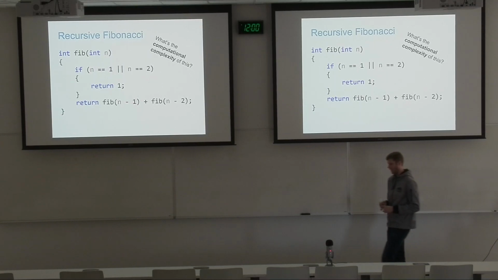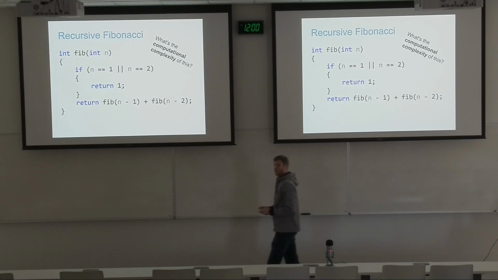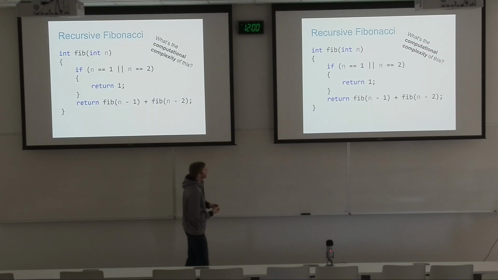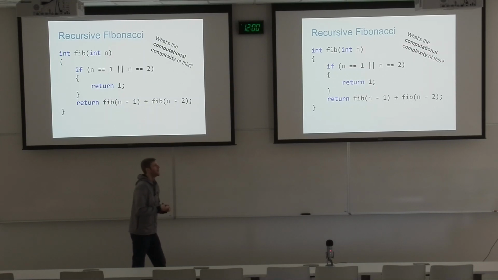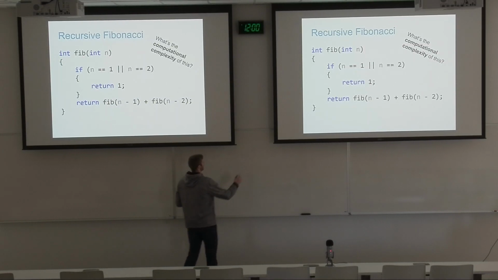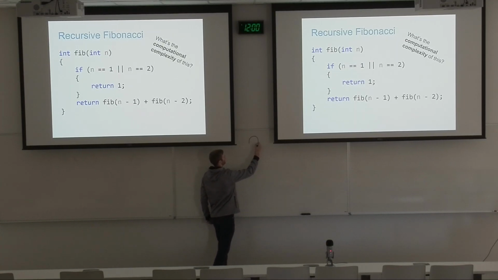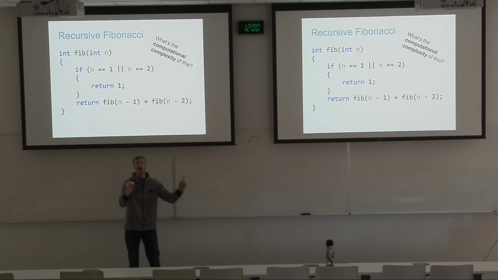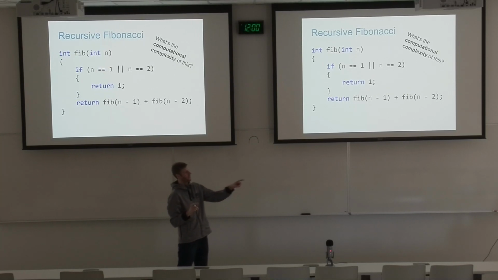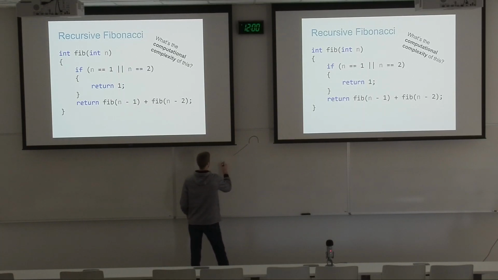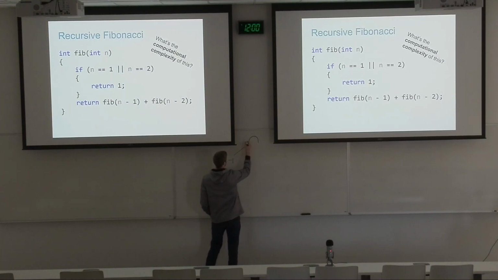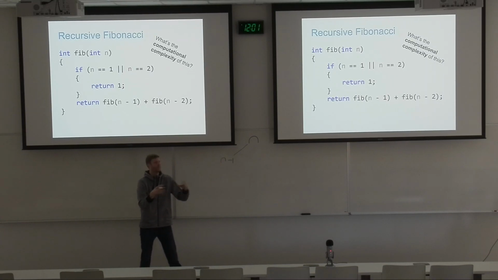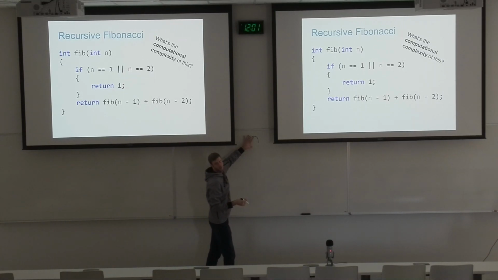Okay, let's think for a second. Hopefully the camera picks up what I'm about to draw, because this is going to be critical. If I want to know the Fibonacci of n, I need to know the answer to fib n minus 1. Note that each of these is a fib function call.